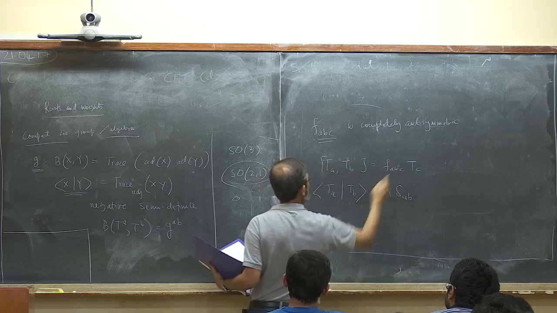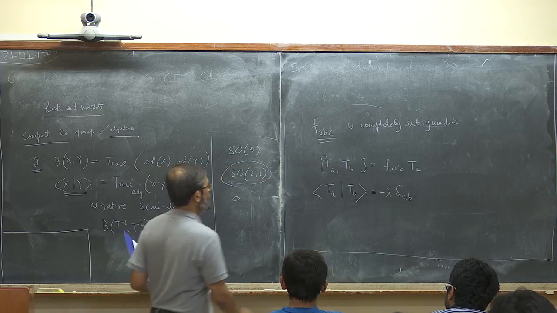Now I can read off what f_ABC is, which I couldn't do before without this metric.